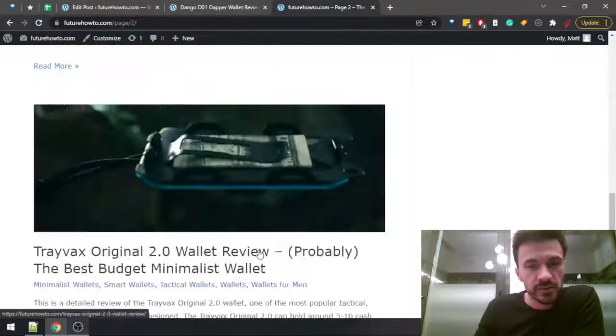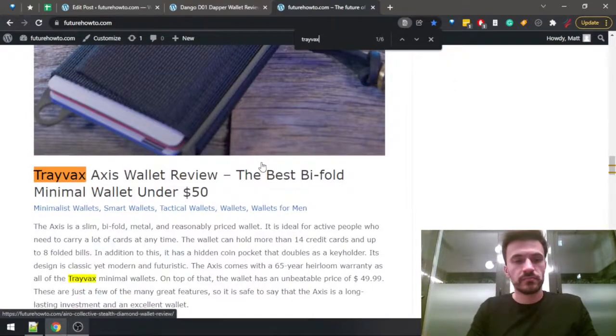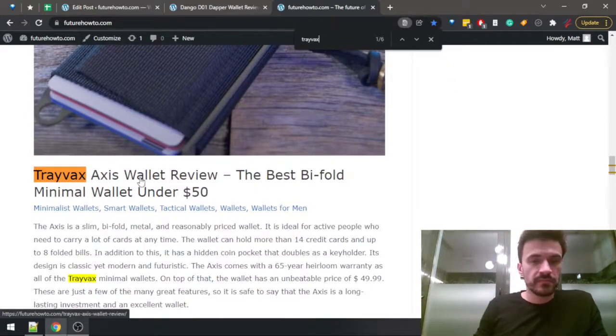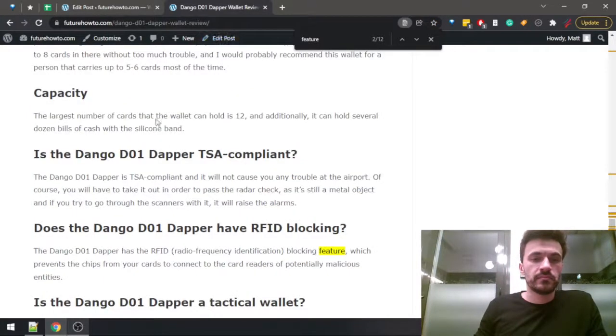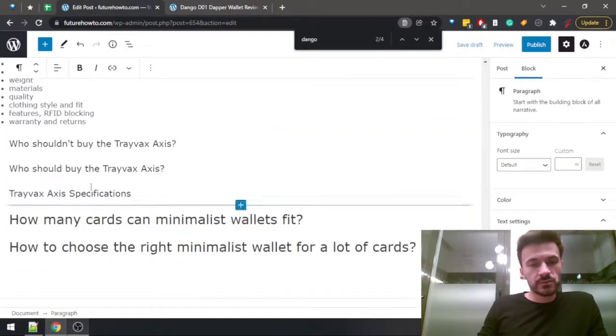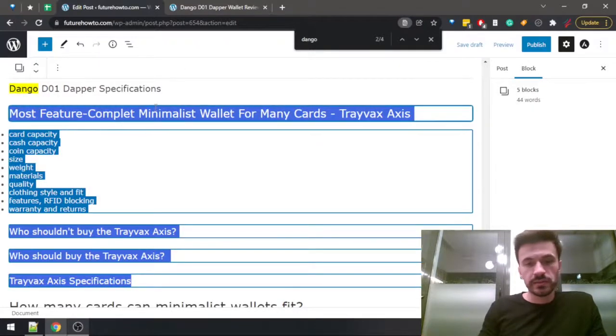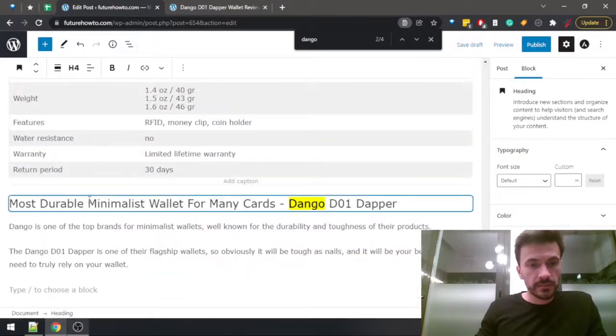Travex access. Where is this? We're going to remove the last one, so this is going to be most feature complete. Delete them, please.